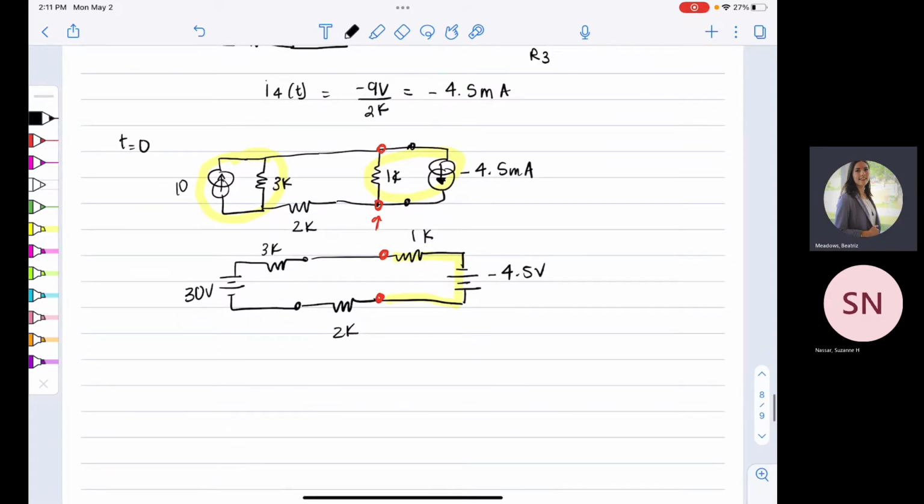Okay, so doing KVL, we can solve these pretty easily. You can solve for your current if you want, because at some point you're just going to end up with the voltage that we want from here to here, right? So it's just going to be 1K times I minus 4.5 volts, right?